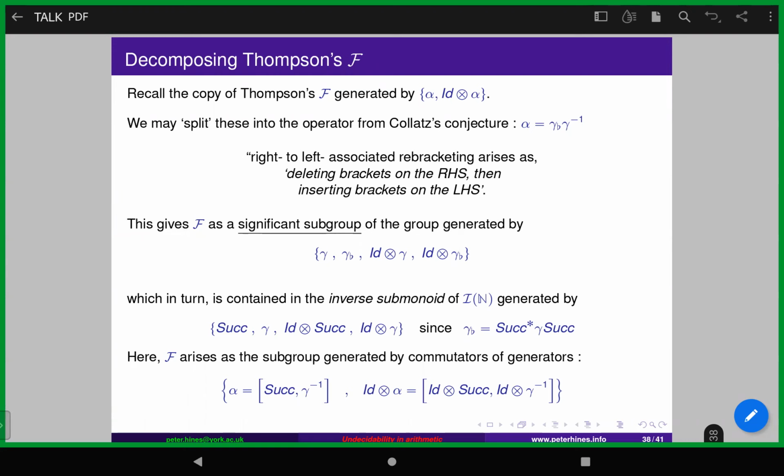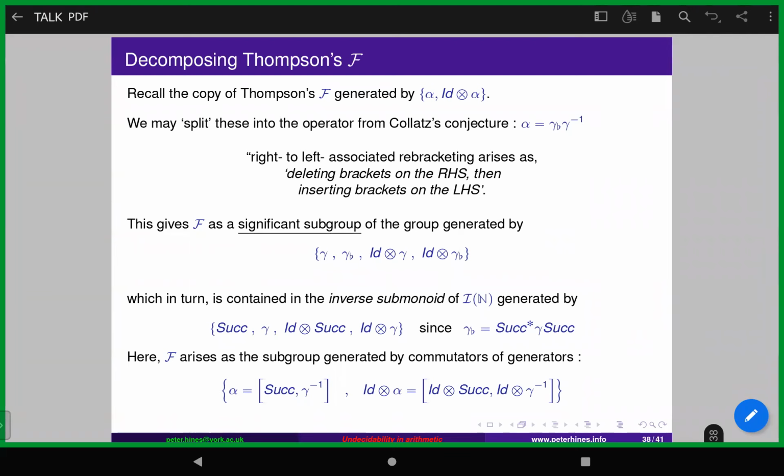So what I'd like to do instead is take not a group, but an inverse monoid. The elements of this are going to be partial injective functions on the natural numbers. We're going to have the successor function and of course its generalized inverse, the A-musical permutation and its global inverse, and identity tensor both of these.